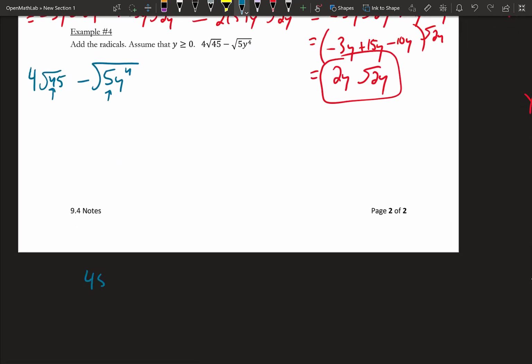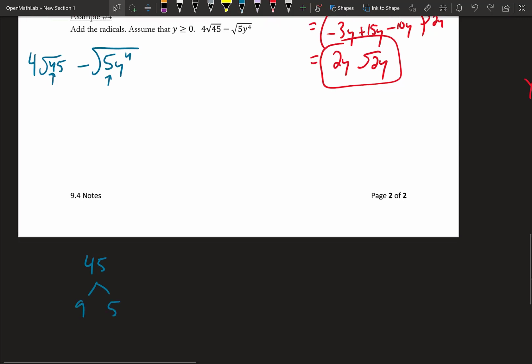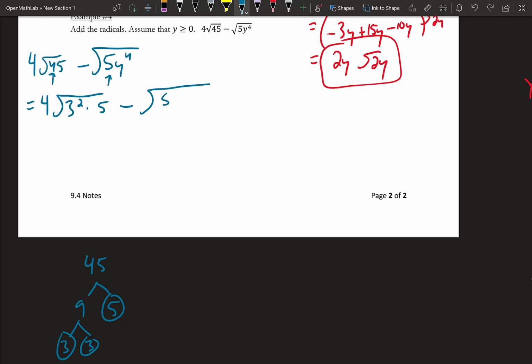So 45 is not prime, so that's equal to 9 times 5, which 5 is prime, and 9 can be broken down into 3 times 3, right? So when I rewrite this, I would have 4 times the square root of 3 squared times 5, right, as a prime factorization, and then minus the square root of 5, and then y to the fourth I can rewrite as y squared squared, right?